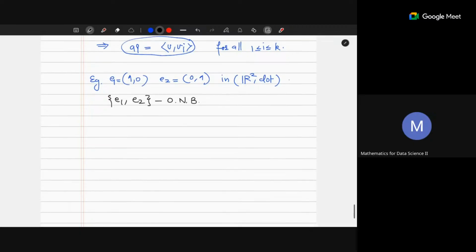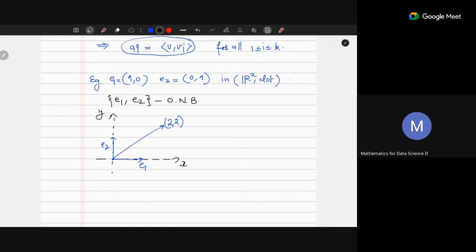Now if you express any vector, let me draw the graph again. E1 is this, and this is your E2. Let's say this is the vector (2, 2).